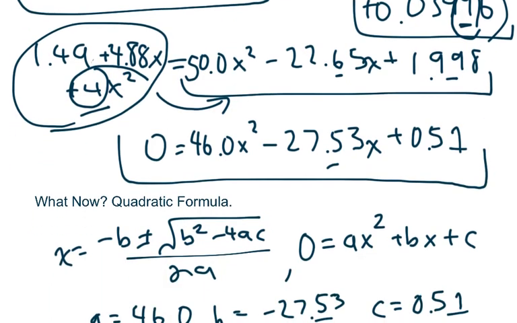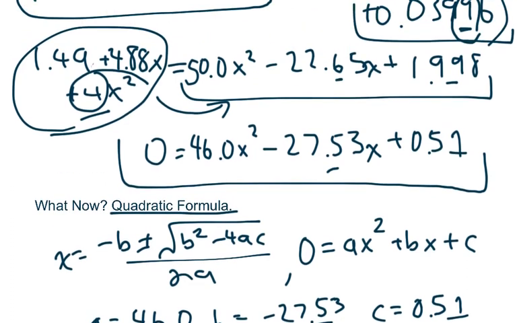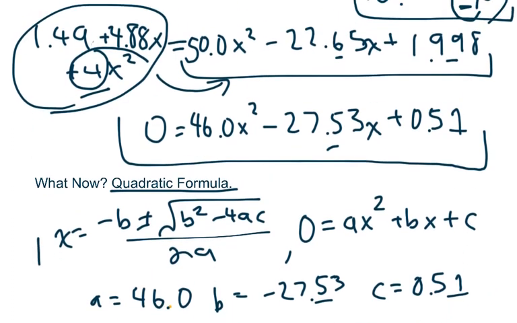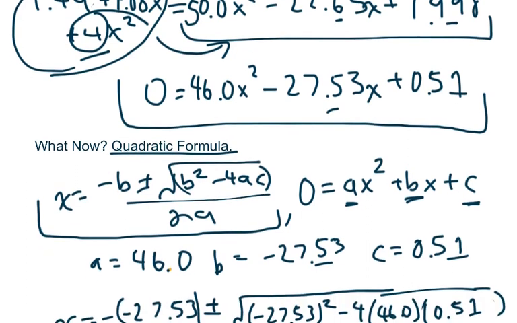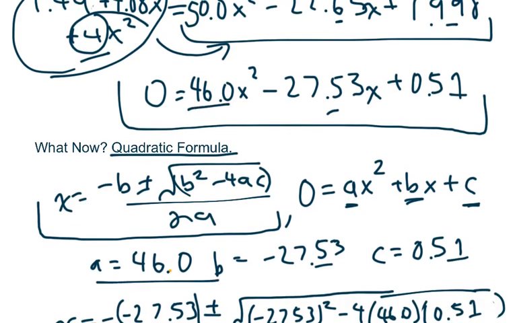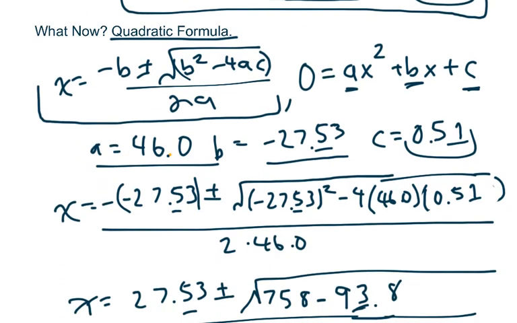Notice how you can use something called the quadratic formula to solve for our x's. So the quadratic formula is equal to negative b plus or minus the square root of b squared minus 4ac all over 2a. And note that the a is here, the b is here, and c is here. So we know that a is 46.0, b is negative 27.53, and c is going to be 0.51. And doing the math, all we do is we plug it in, and let's keep in mind our sig figs.